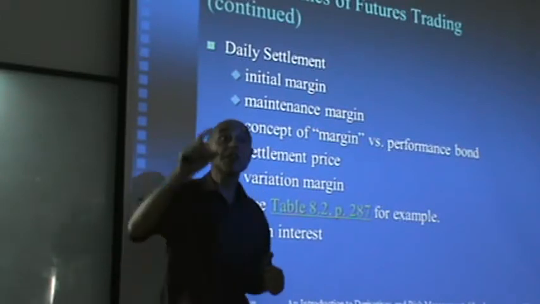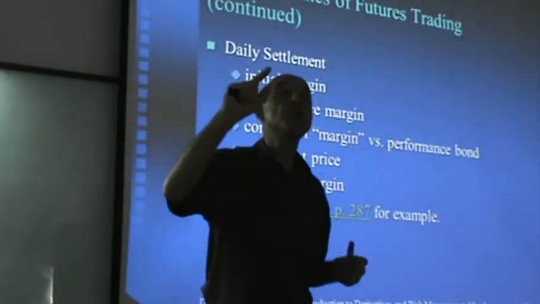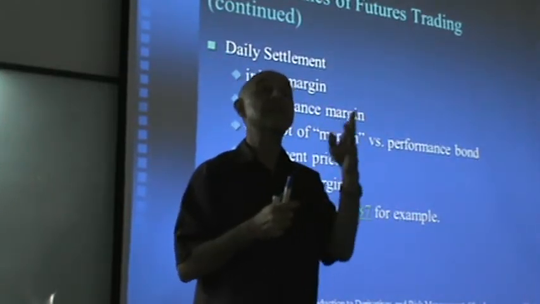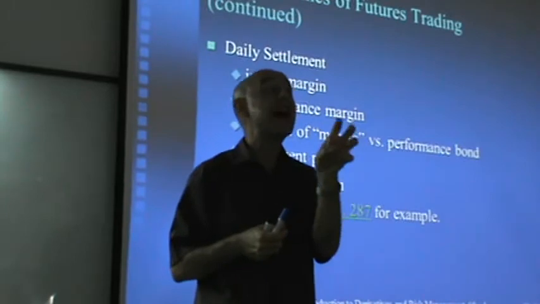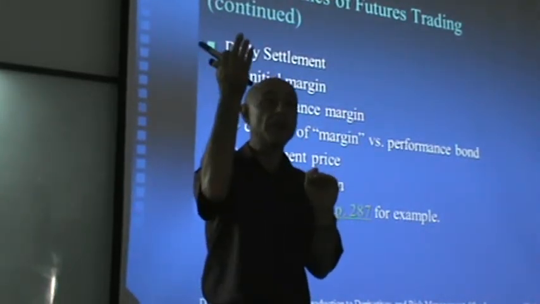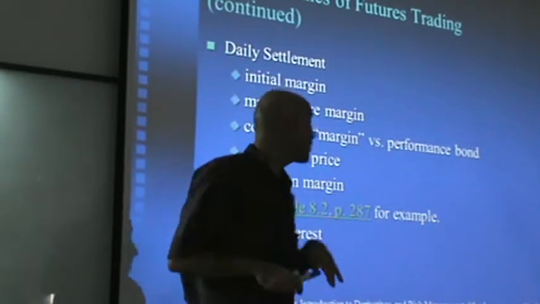So, you invested in gold, one contract, gold's up $10, you get an extra $1,000 in your account. It's $10 times 100 ounces of gold. $1,000, you're up in your account. Whoever is short will be down in the account.